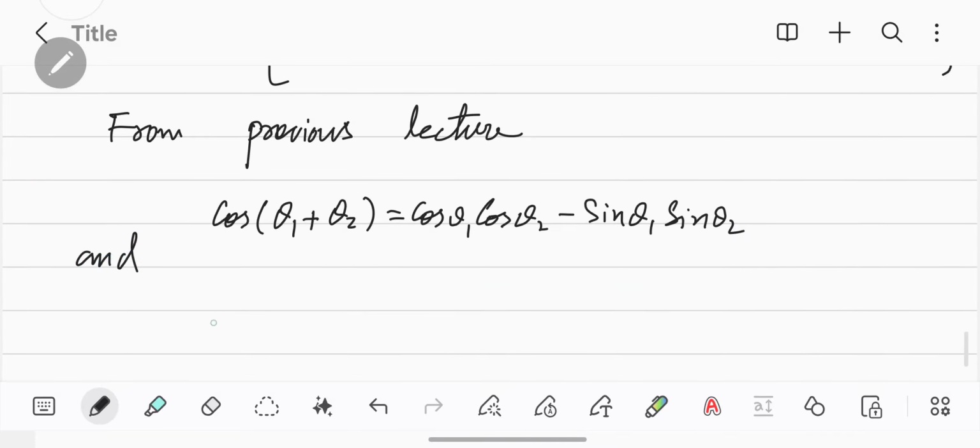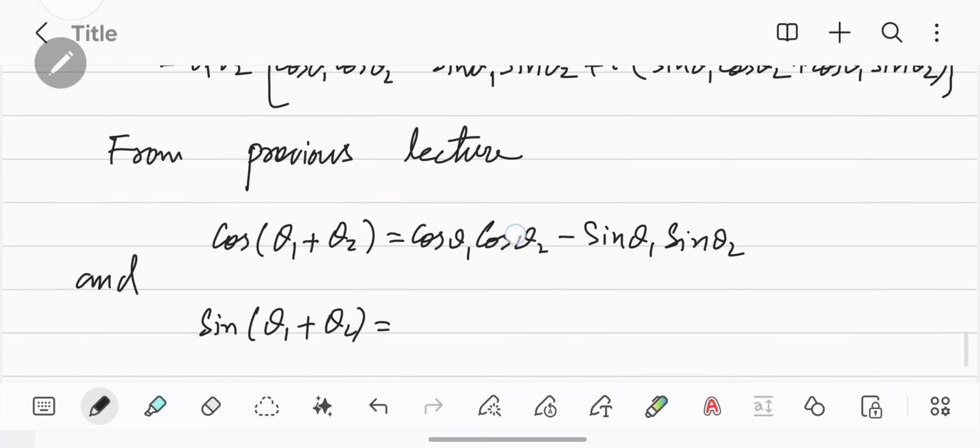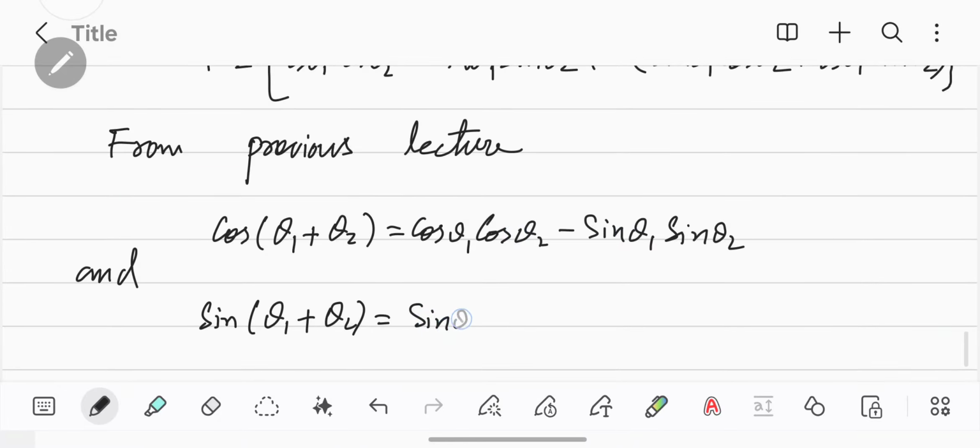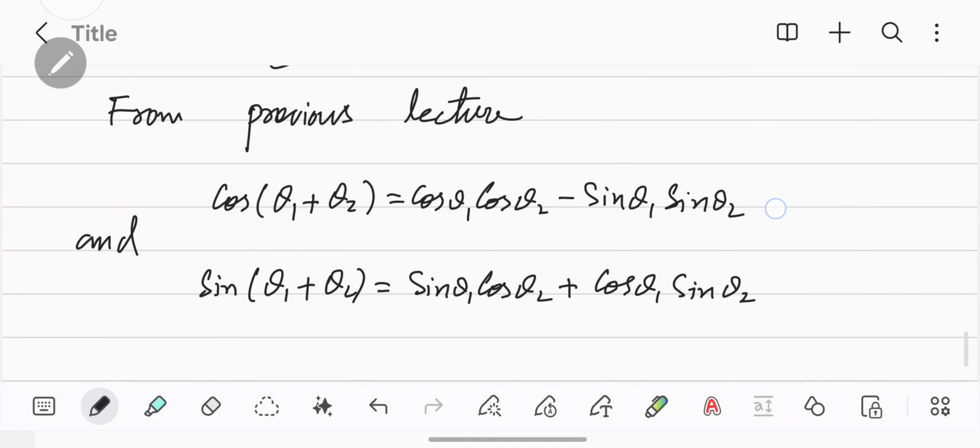And from the same video we have sine of theta 1 plus theta 2 equals sine theta 1 cosine theta 2 plus cosine theta 1 sine theta 2.